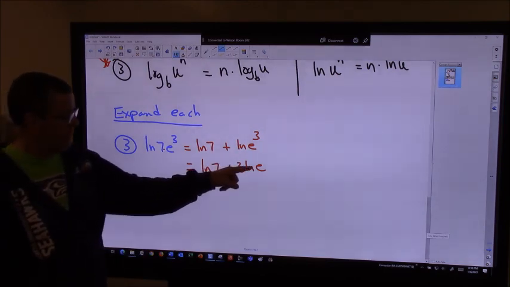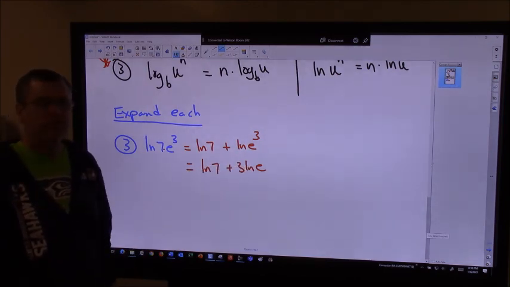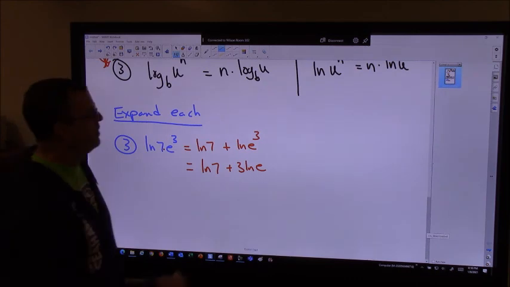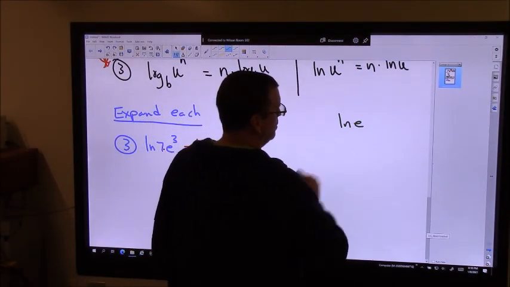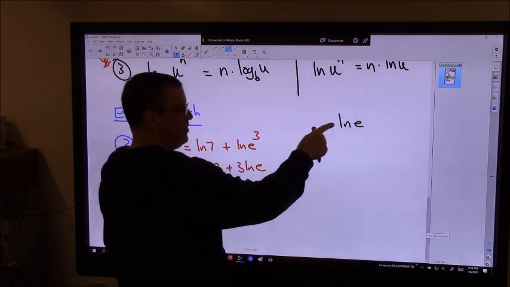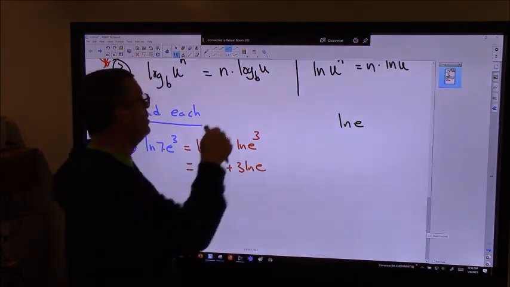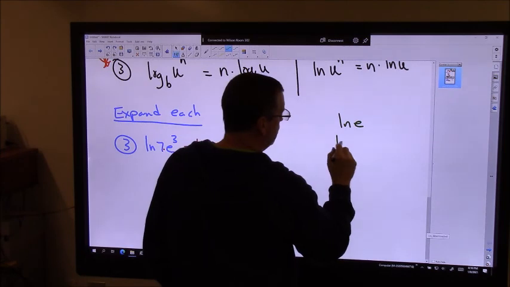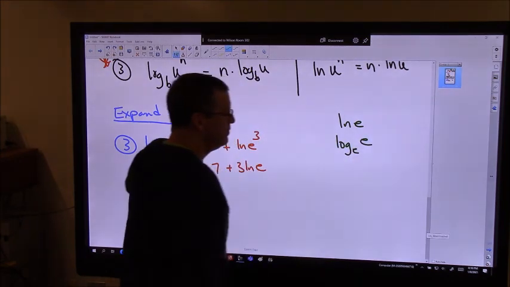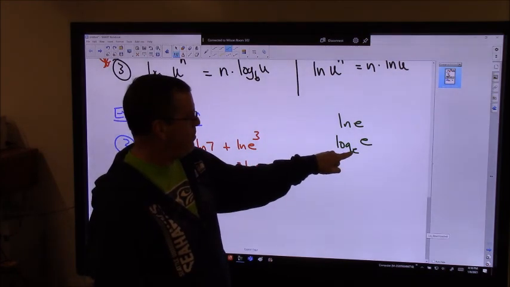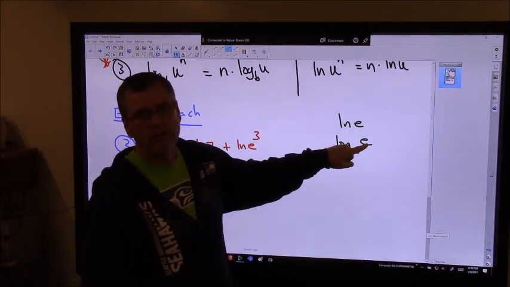There's something about natural log of e. Every time you see it, that should catch your attention, right? Because if I write down natural log of e, well, remember, natural log means log base e. So log base e of e, and then we're saying e raised to what power equals e?